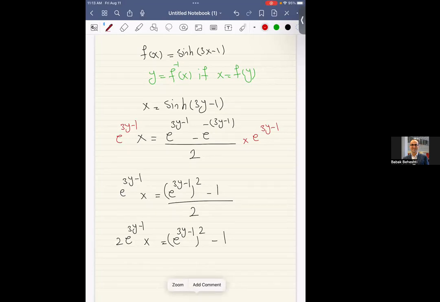At the end, I'm going to write everything in terms of y. Just for a moment, let this equal t. So that means my equation is like this: 2tx = t^2 - 1, right?